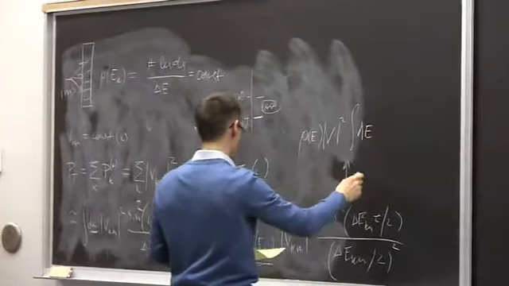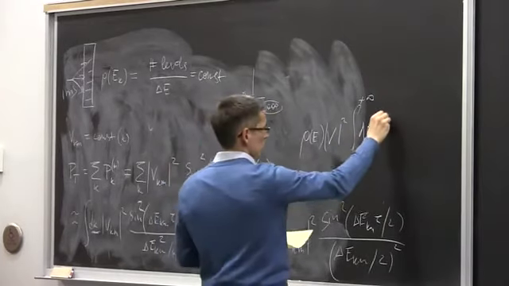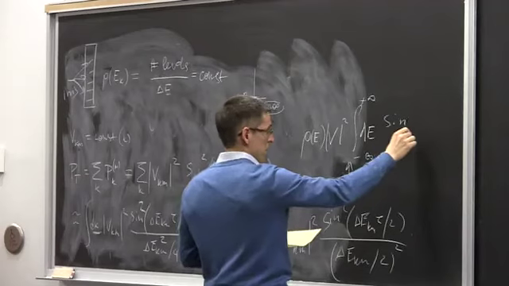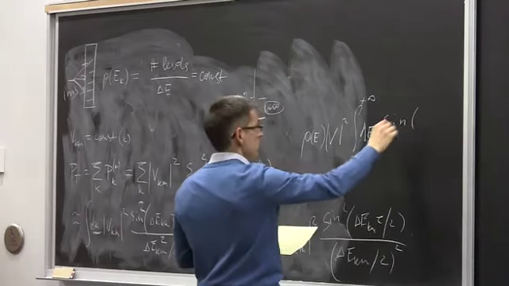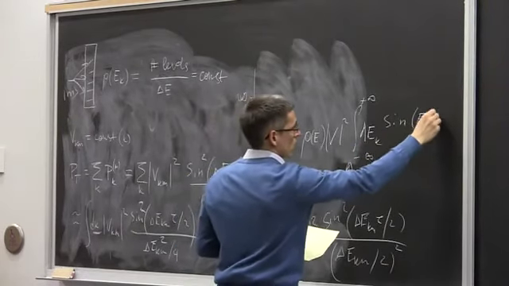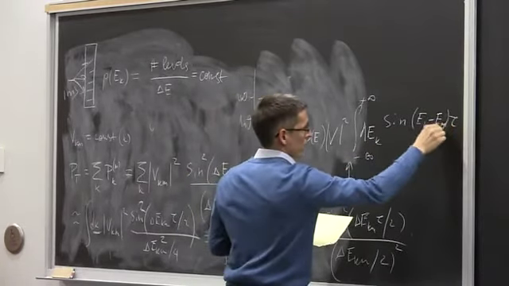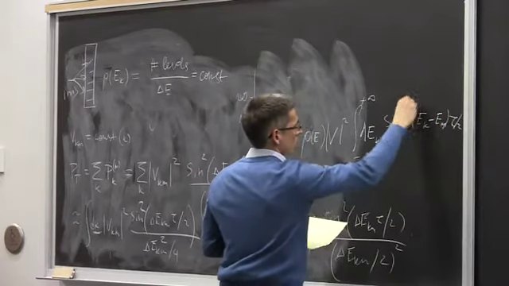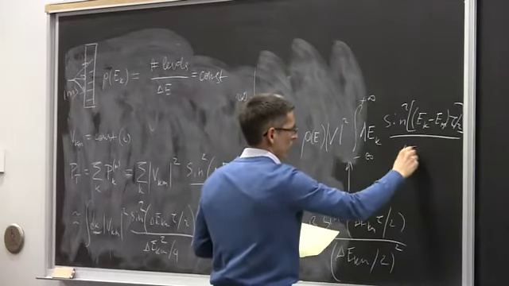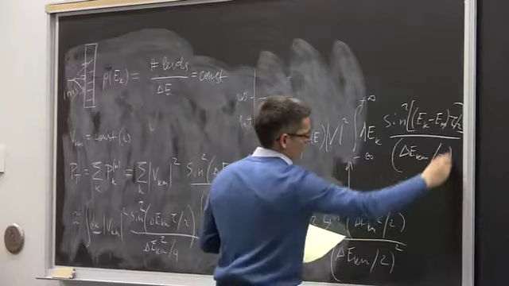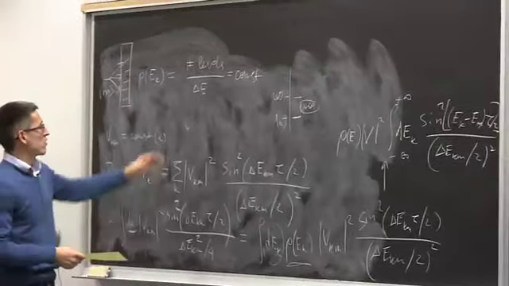Then we integrate dE from minus infinity to plus infinity of the sine squared function. Oh, we assume that it's constant.